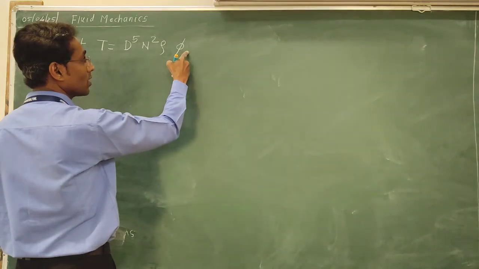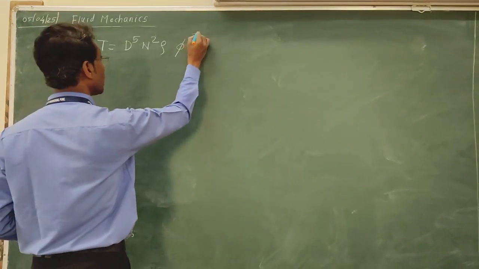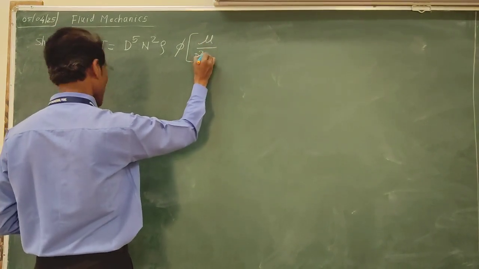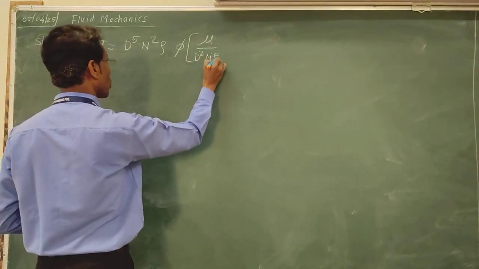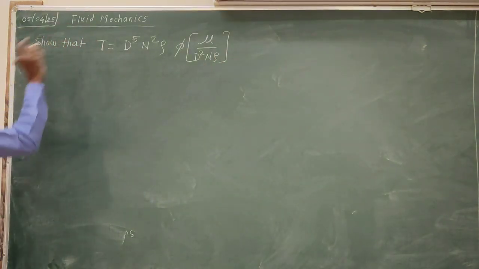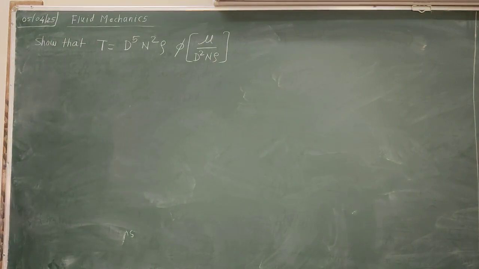This is a function, phi, function of mu upon d square n rho. This means we have to show this expression.